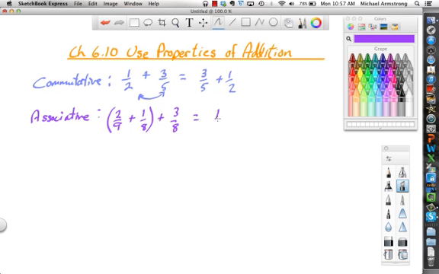And this is the same thing as 2/9 plus 1/8 plus 3/8. Notice that it's 2/9, 1/8, 3/8, 2/9, 1/8, 3/8. So the order of the problem, the numbers, are the same, but the parentheses change so that we do this grouping before we add the 2/9 to it. Anyway, you get the same answer either way.